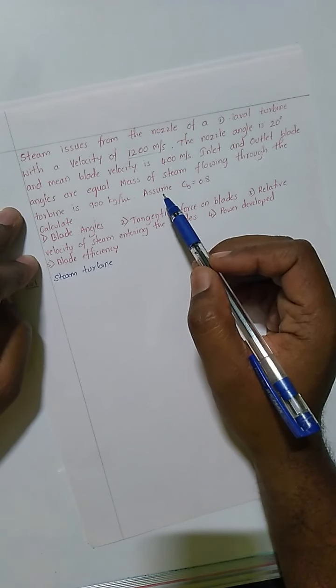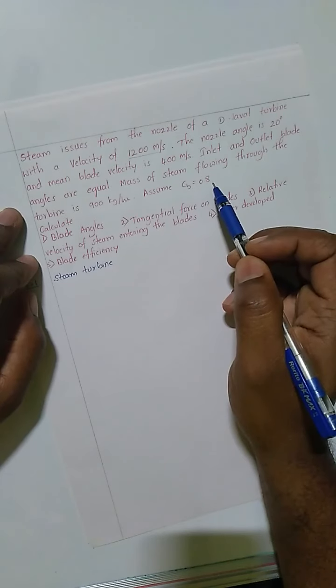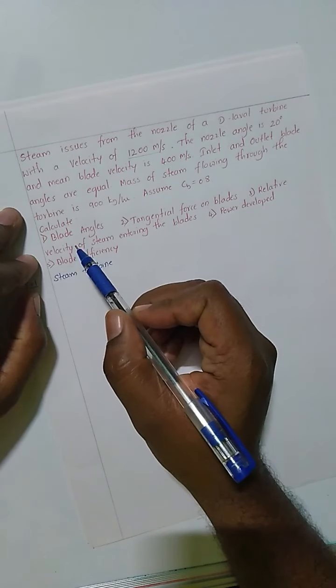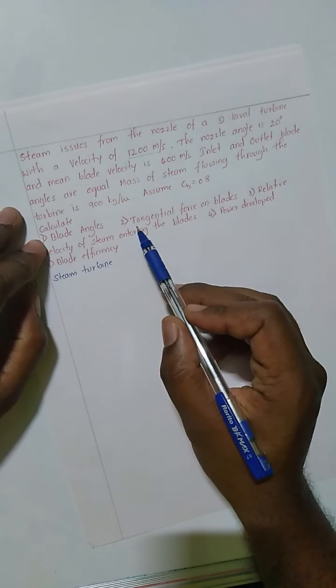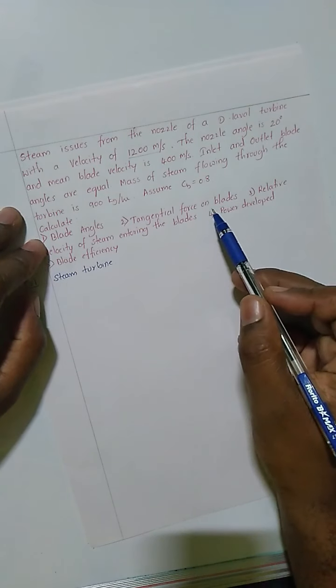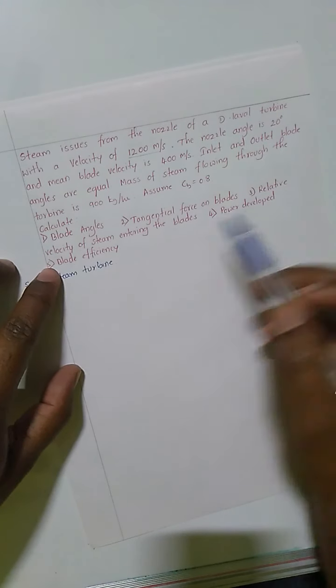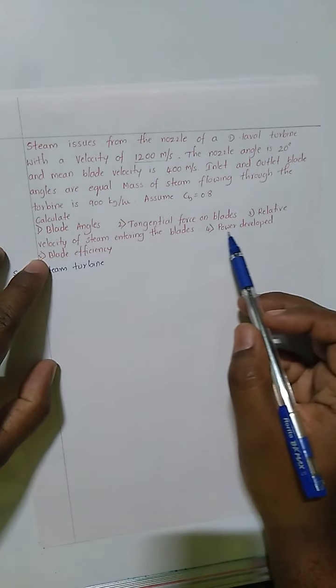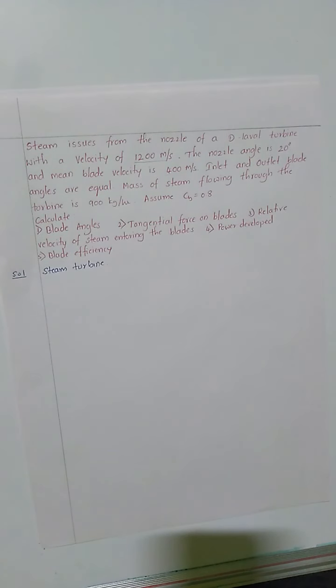Assume CB, that is blade velocity coefficient, is equal to 0.8. Calculate blade angles, tangential force on blades, relative velocity of the steam entering the blades, power developed, and last one is blade efficiency.